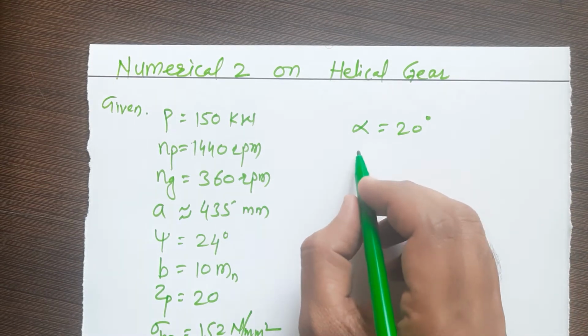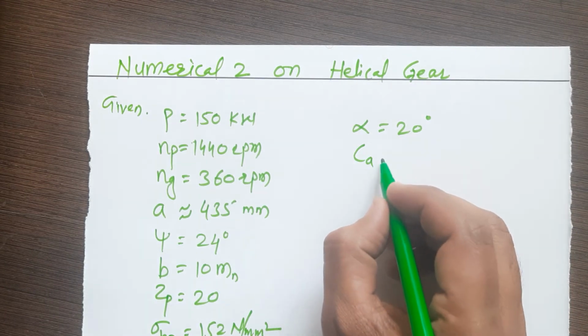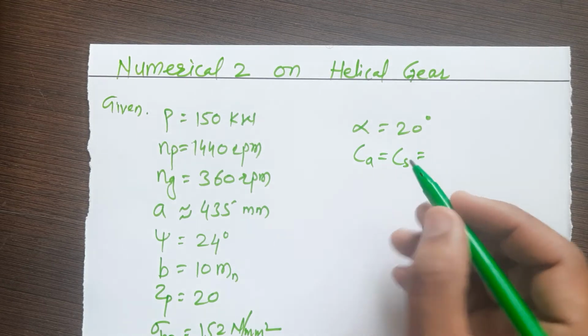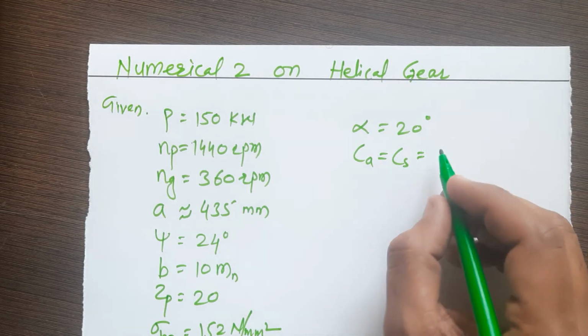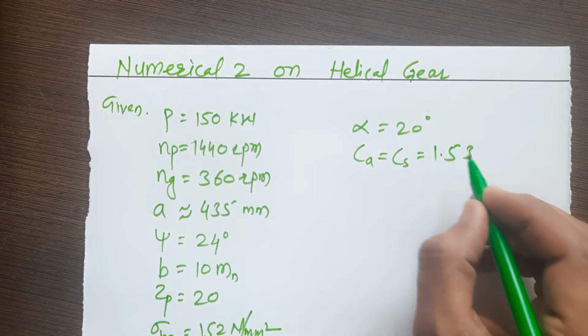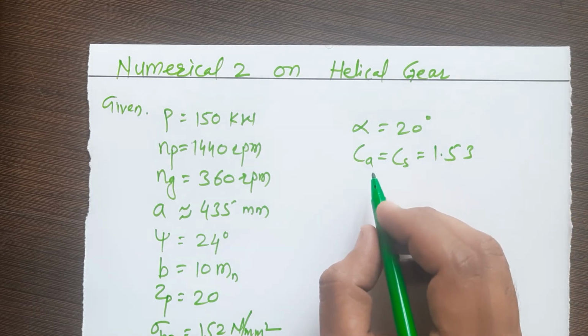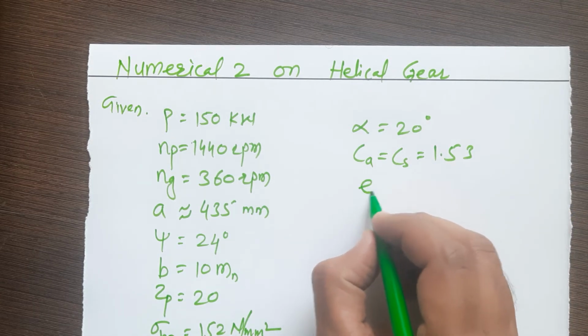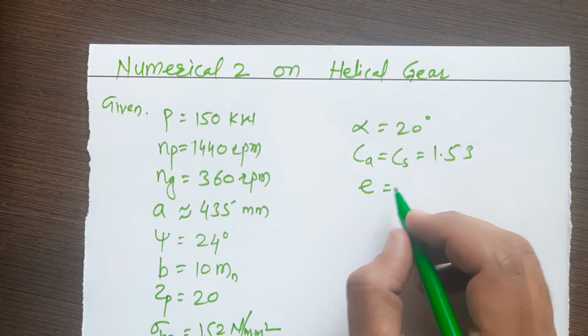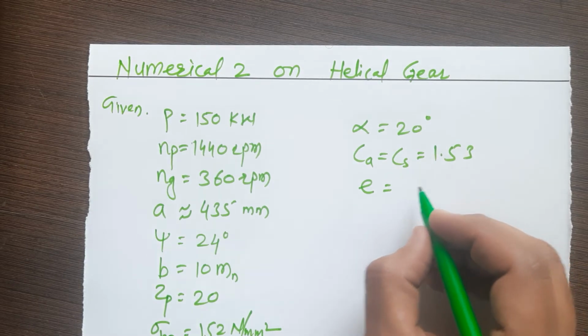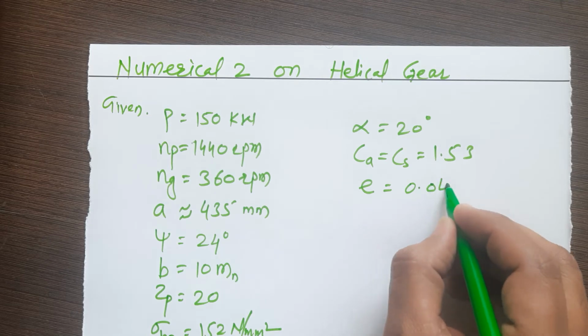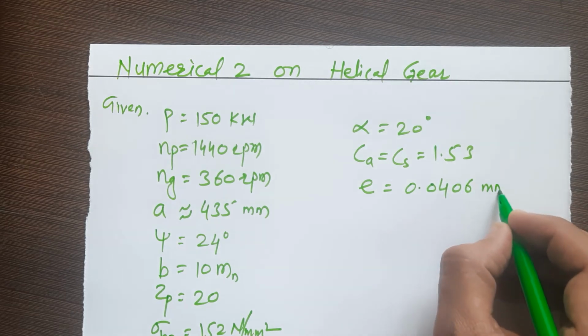The service factor is nothing but application factor, or you can call it CA or CS. Service factor is 1.53. Then combined teeth error is small e, the sum of teeth errors EP plus EG, given here as 0.0406 mm.